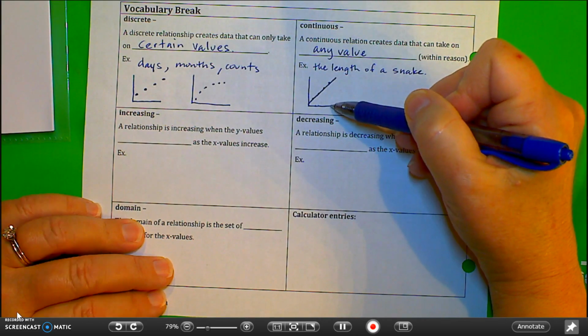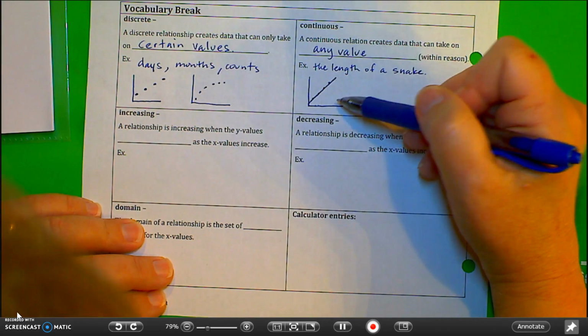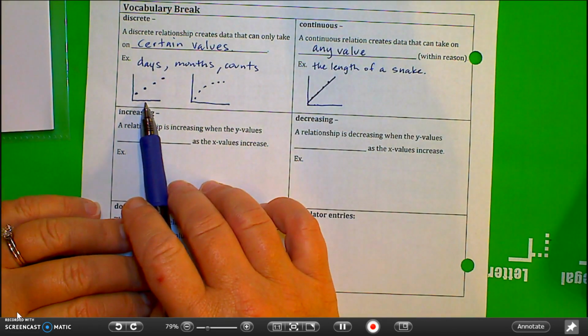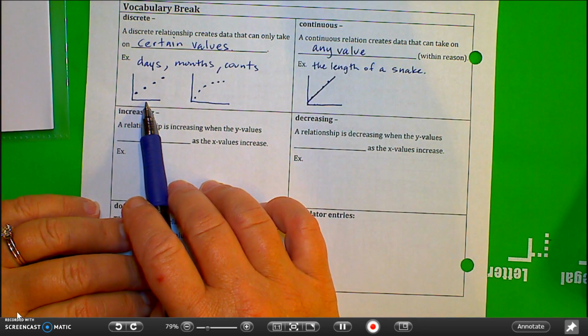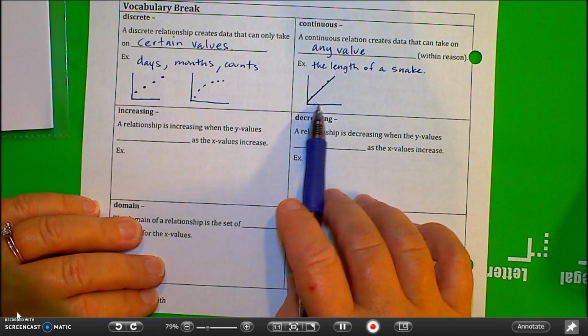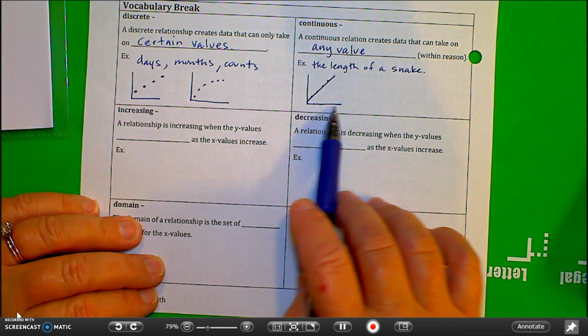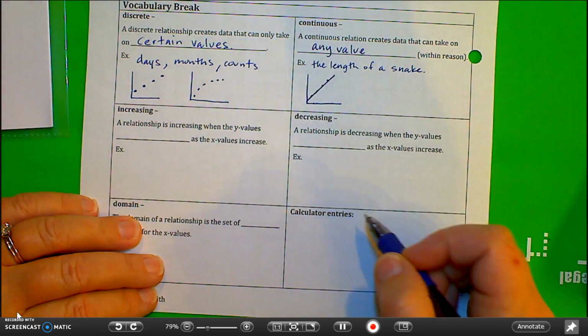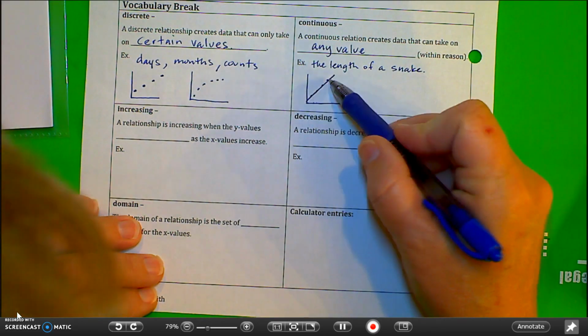So you're allowed to have fractions or decimals for your x values. We can't have half of a car or half of a day, but you can have half of an inch or half of a foot for, say, a snake. So we have a smooth line.